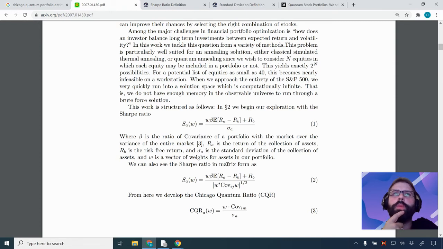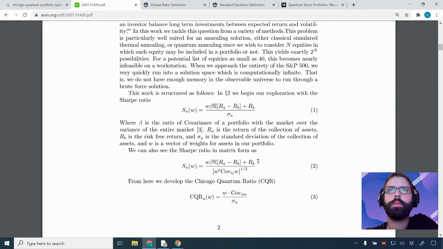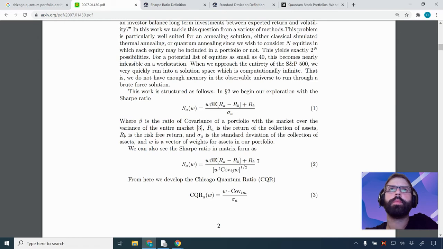We can also see the Sharpe ratio in matrix form. What is this E in here? So W is the vector of weights for assets in our portfolio.